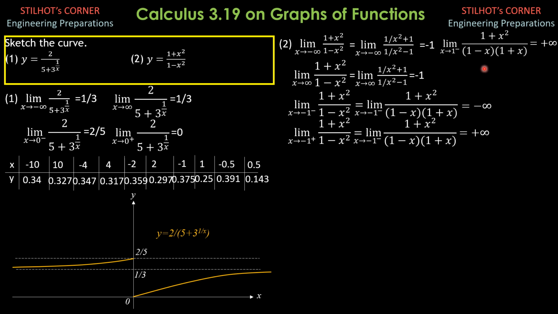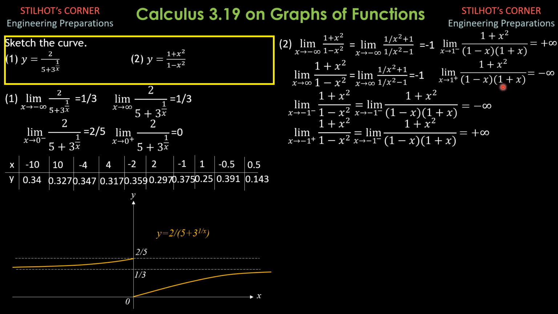Then the limit of 1 plus x squared over 1 minus x, 1 plus x as x approaches 1 from the right. So for example, 1.01. The numerator is almost 2. The denominator is 1 minus 1.01, so this is 0 but negative.